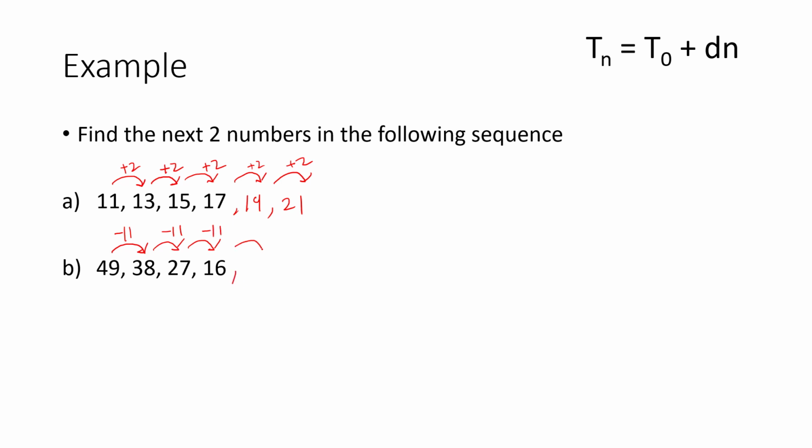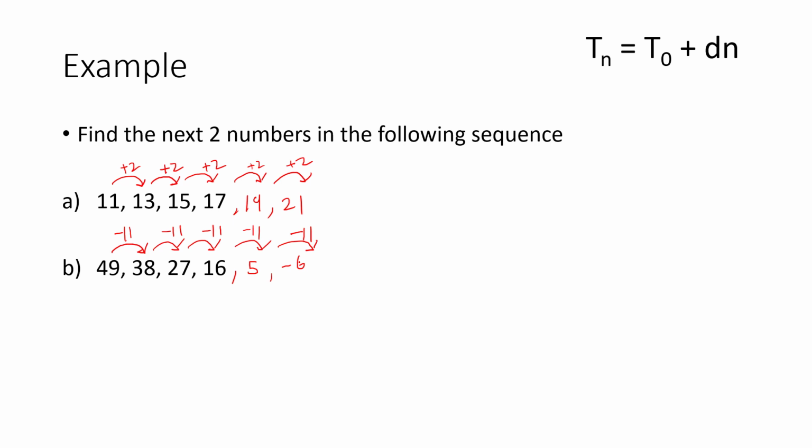So if we minus 11 again, we will get 5, and 5 minus 11, you will probably need the help of a calculator. 5 minus 11, I will get negative 6. So this is the number pattern that you will see in your Set 1 syllabus.